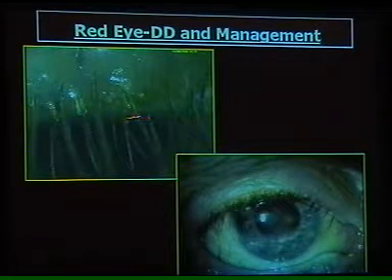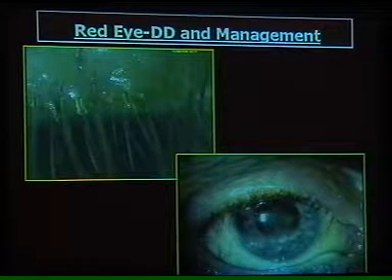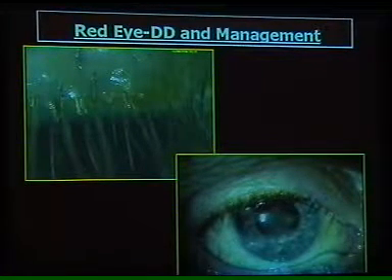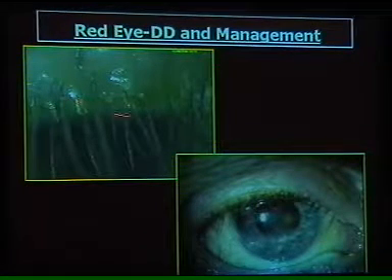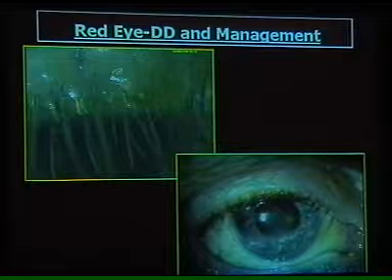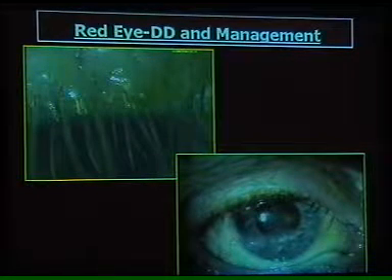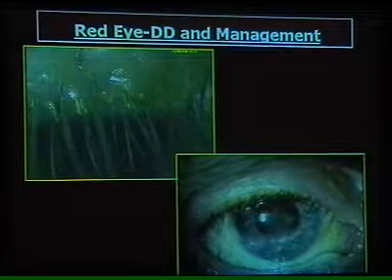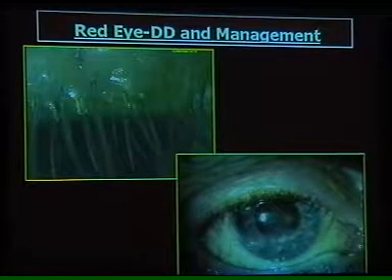Now, these are the scales. You can see there are two types of blepharitis that we see in the clinic. A more common variety is the squamous dry type of blepharitis that you can see here, and a very rare aggressive form is ulcerative blepharitis. That is very uncommon, luckily, but it's difficult to treat.